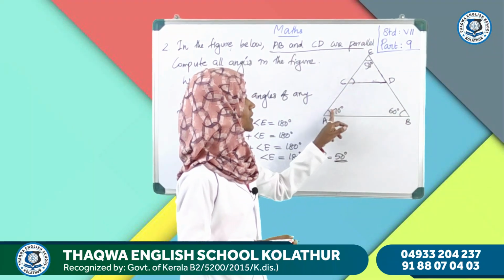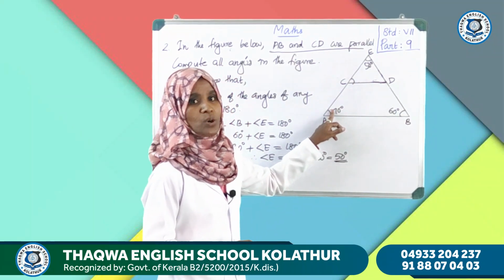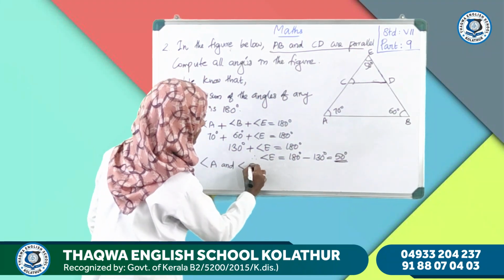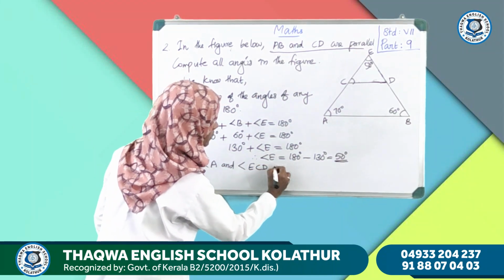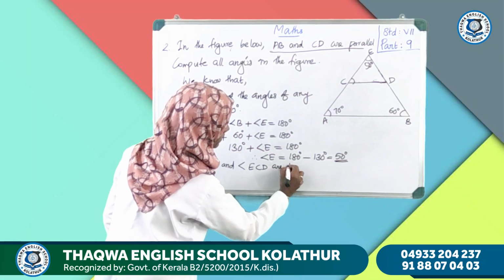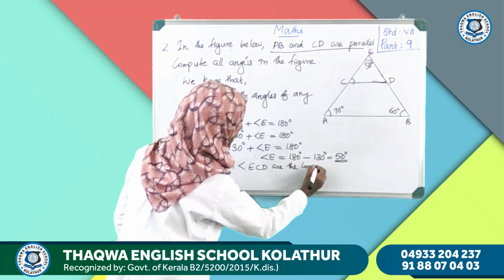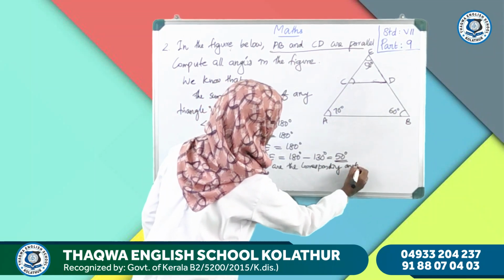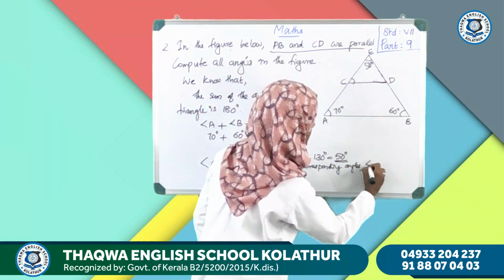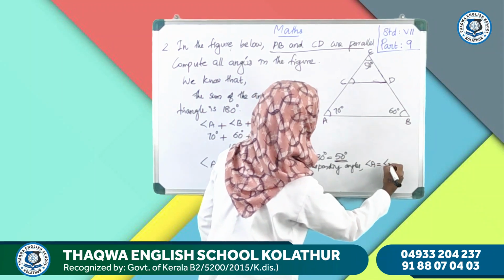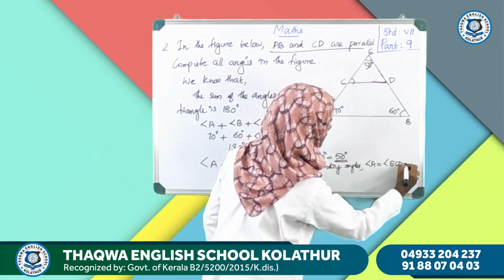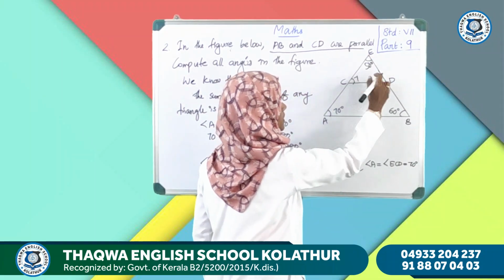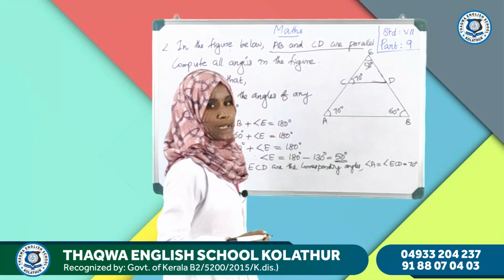These two angles are corresponding angles, so they are equal. That is angle A equals angle ECD equals 70 degrees. The measure of angle ECD is 70 degrees.